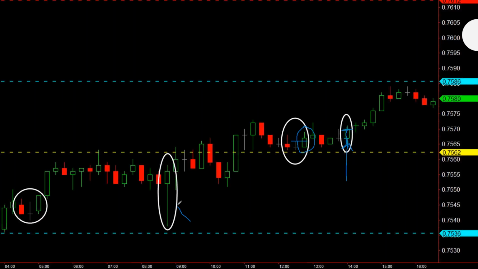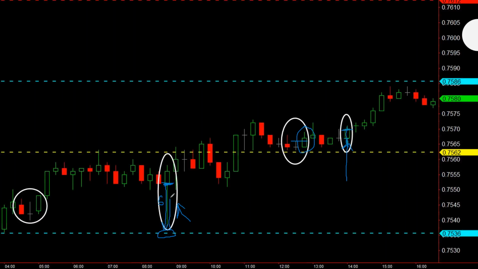The same thing here. You have a pin bar that opened right up here, okay? Because this is a green candlestick, this is the open. They pushed it all the way down. In other words, sellers came in and they managed to push this all the way down, almost testing this blue pivot line. But what happened at that line?